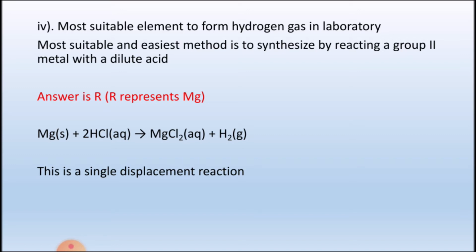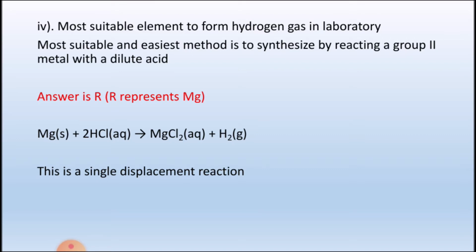But if you use elements belonging to group 2, just like magnesium, they are not as reactive as the group 1 elements, so we can make hydrogen gas really easily. Therefore the best thing is reacting a dilute acid, just like HCl or dilute nitric acid, with magnesium.